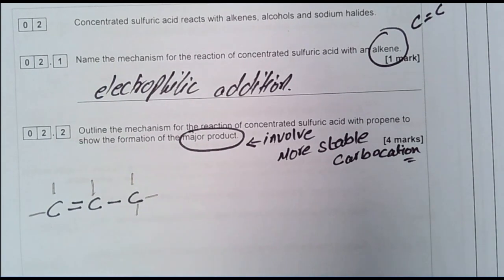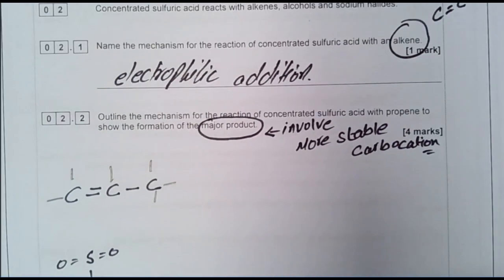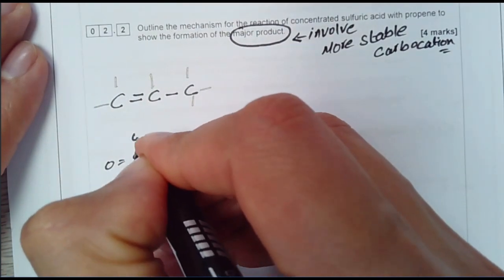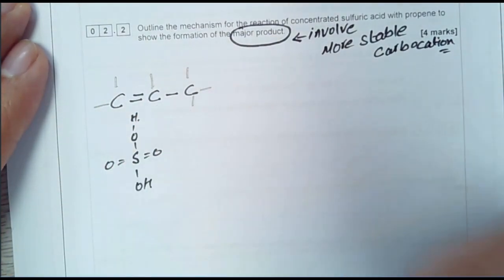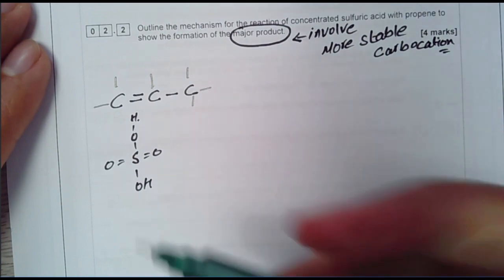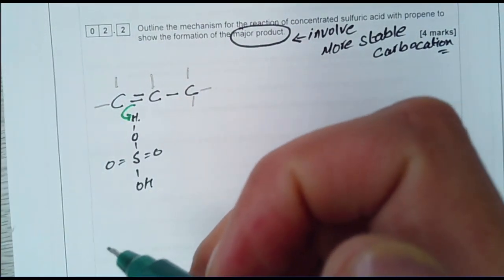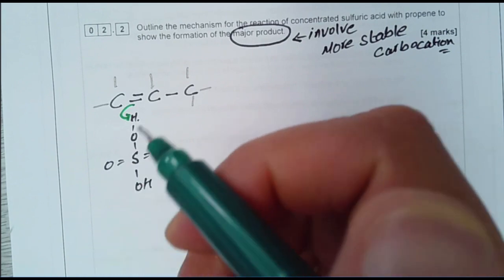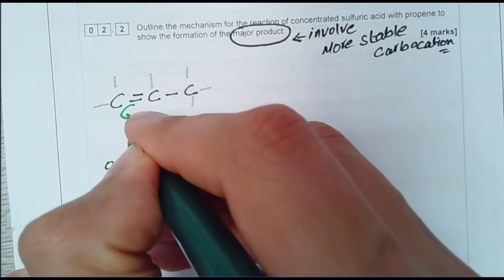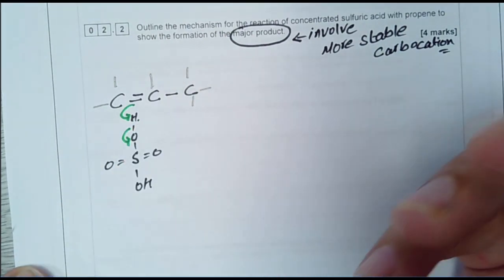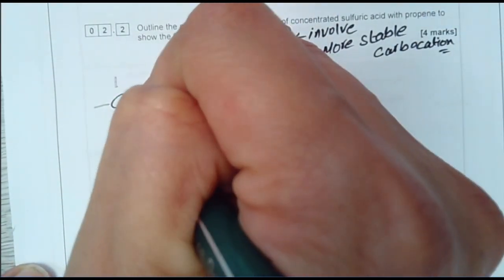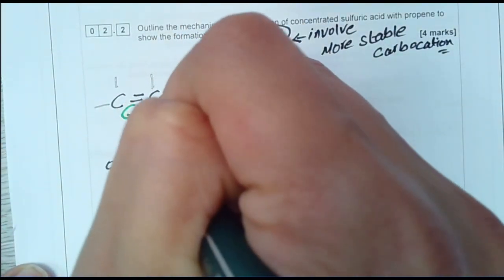For sulfuric acid, I can say it is S double bond O, S double bond O, dash O, H, here you have O, here you have H. The lone pair from here will be given to this. This will give its electrons to oxygen. This will be delta plus, this will be delta minus.